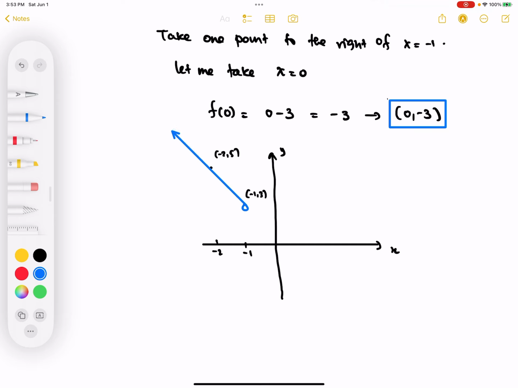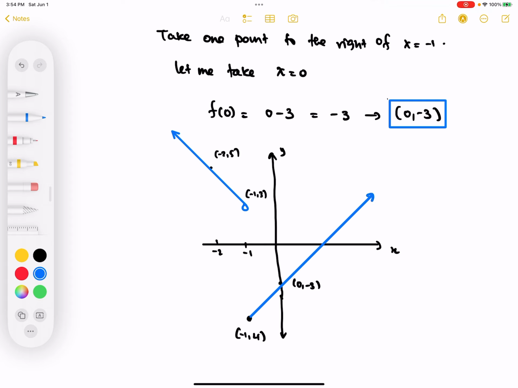All right, for the second piece, when x is negative 1, it is negative 4, and it is closed. When it is 0, it's 0, negative 3, and draw the line. So the graph looks like this.